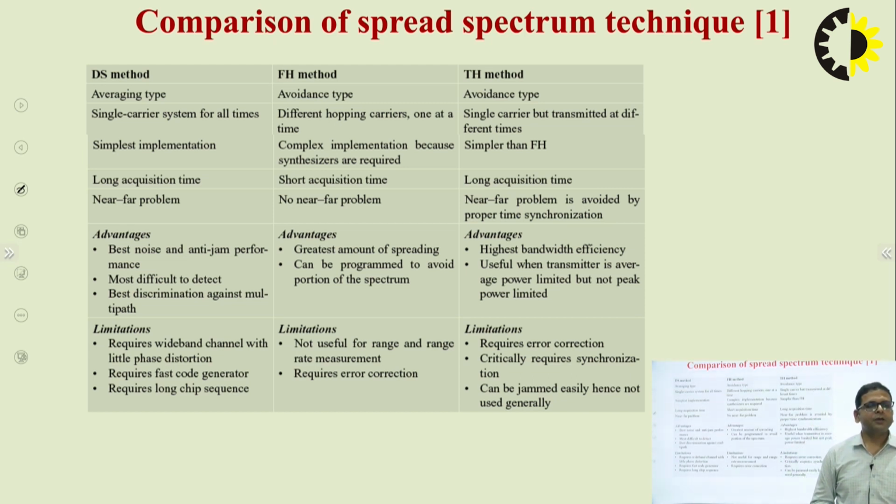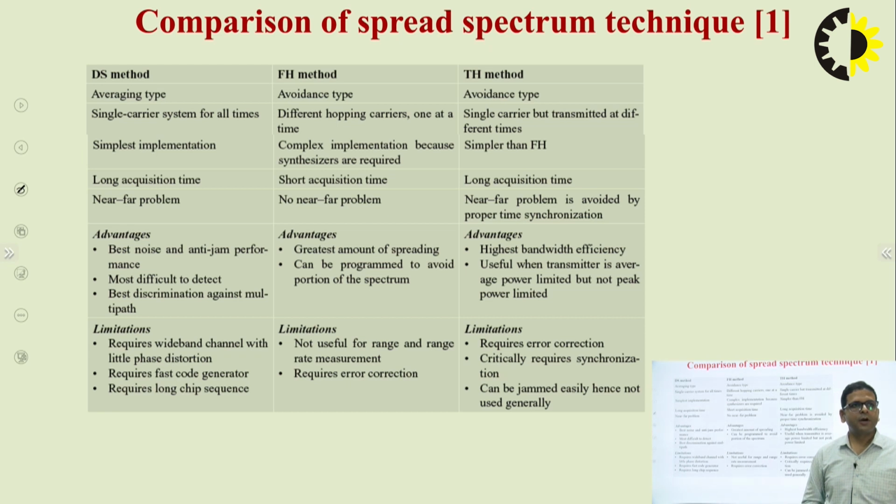In direct sequence spread spectrum, a single carrier system is used all the time, but in frequency hop spread spectrum, different hopping carrier frequencies are chosen. But in time hopping spread spectrum, a single carrier is transmitted but at different times.